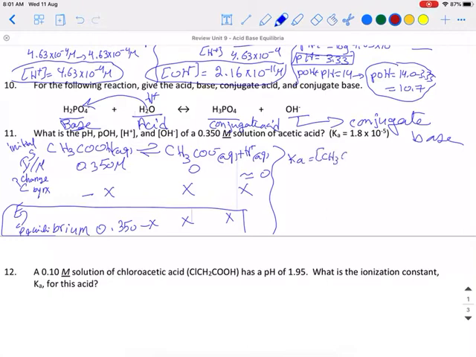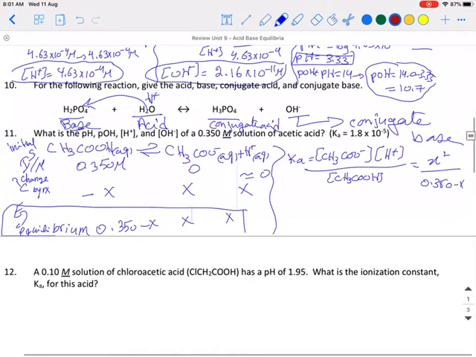We can write the equilibrium constant expression: Ka equals CH3COO minus times H plus over the concentration of acetic acid, which is X squared over 0.350 minus X. And the value of Ka is given to me, which is 1.8 times 10 negative 5. Since the value of Ka is very small, we can neglect X in the denominator and solve for X.